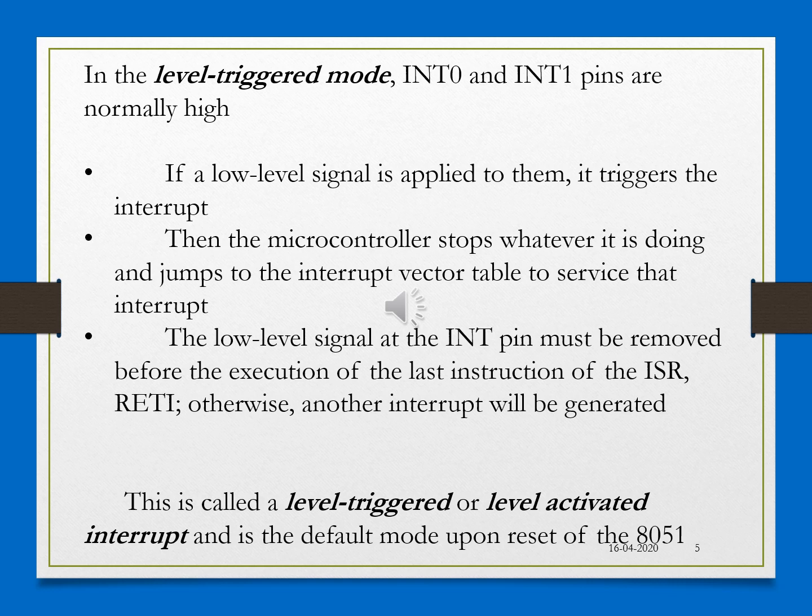Whenever there is a low level signal applied to these pins, the microcontroller has to stop whatever it is doing because it has to respond to the interrupt generated across these pins, interrupt 0 or interrupt 1. So normally these pins will be high, and whenever they go low, that is the indication that an interrupt has occurred.